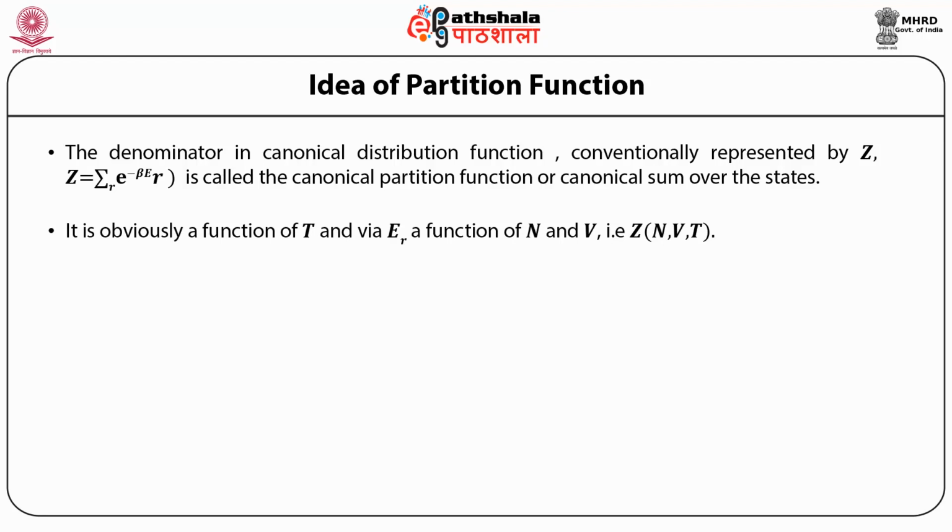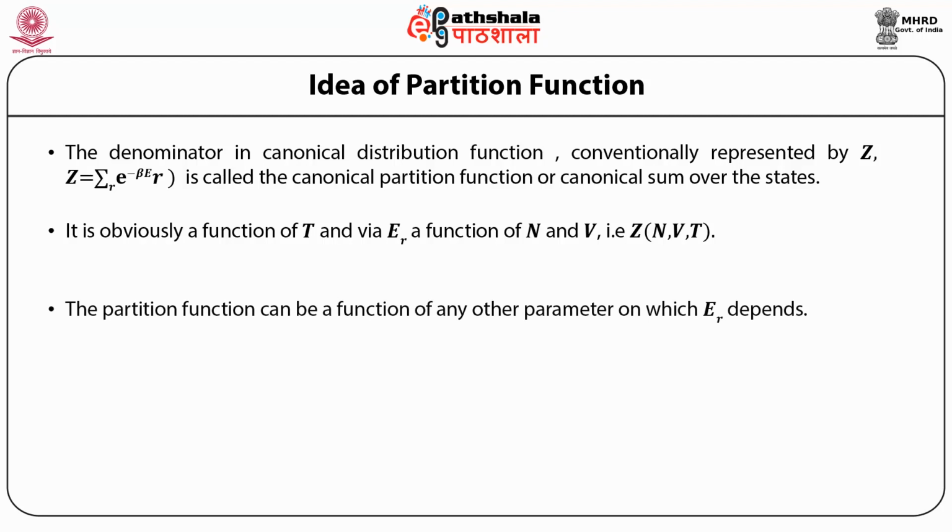It is obviously a function of T, and via ER a function of N and V, that is, Z is a function of N, V and T. The partition function can be a function of any other parameter on which ER depends. Knowledge of the partition function is the most important result of statistical mechanics, since once it is known, all equilibrium physical properties of the macroscopic system under consideration can be known from it.